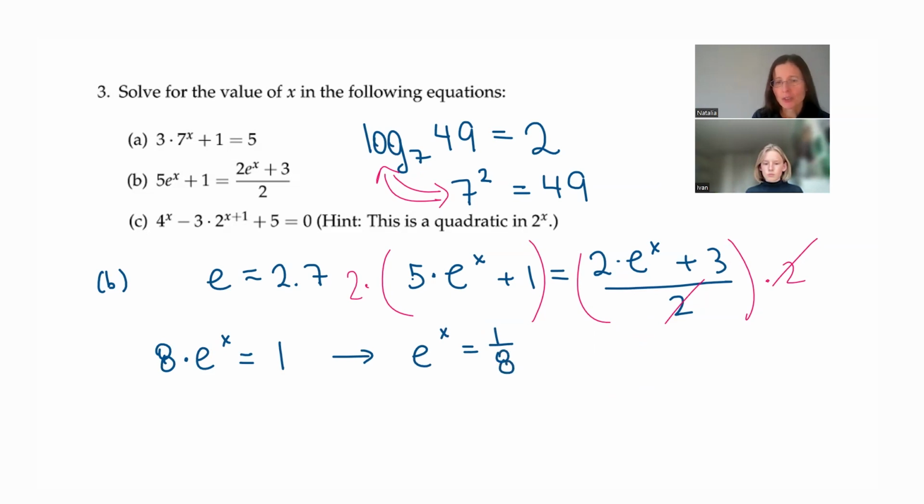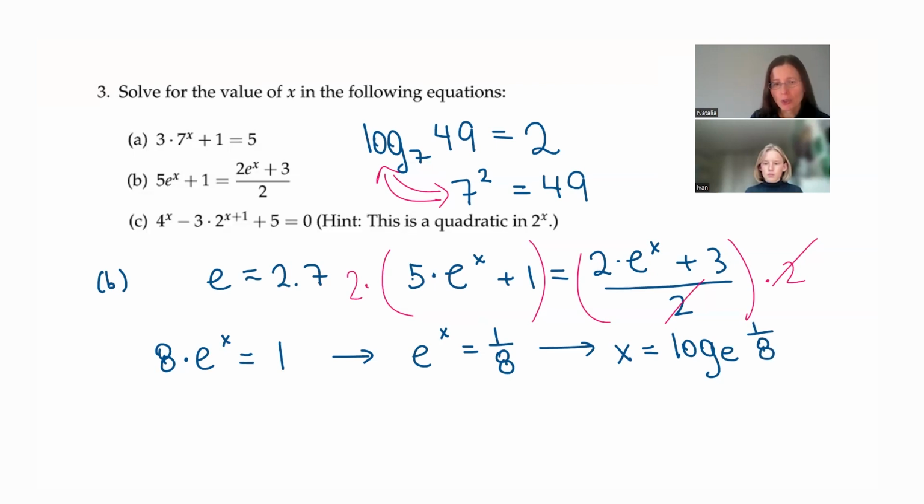All right, now we need to change it into log because we are solving for the value of the exponent. So we would get x equals log base e of 1/8. That's right.